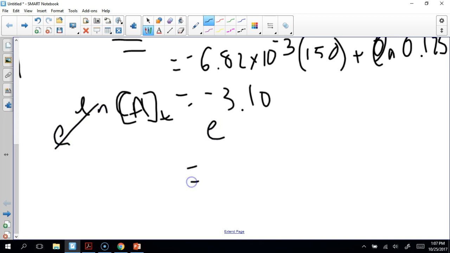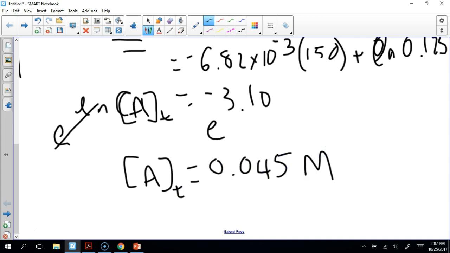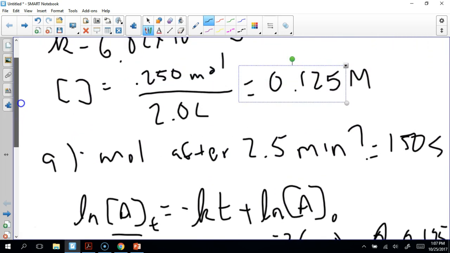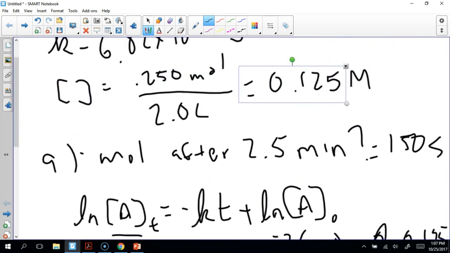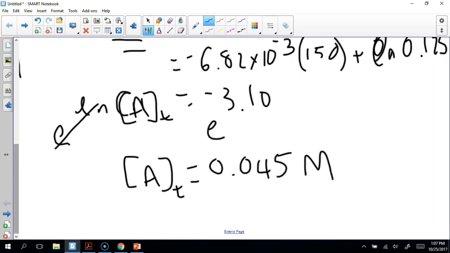And so now we get the concentration at t is equal to... and then I look at that and I say, does that make sense? Well, the initial concentration is 0.125, and so it definitely went down.